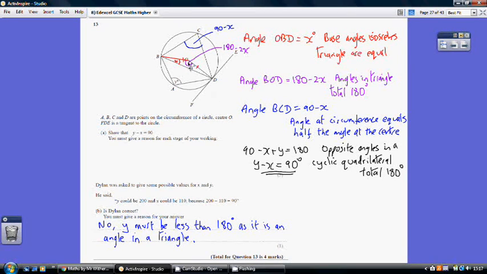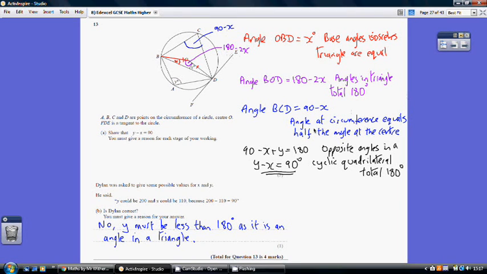Now, comparing this angle BOD with the angle BCD, we can utilize the circle theorem that the angle at the circumference is half the angle at the center. So this angle here must be half of the 180 minus 2x, and halving this we get 90 minus x. So that's my reason there in blue.